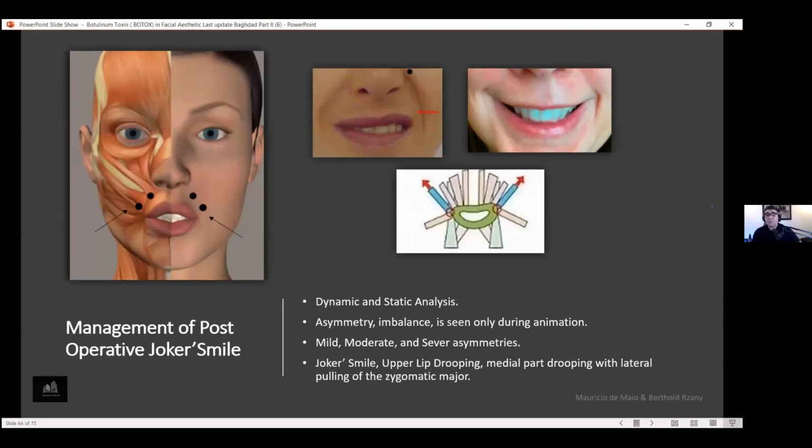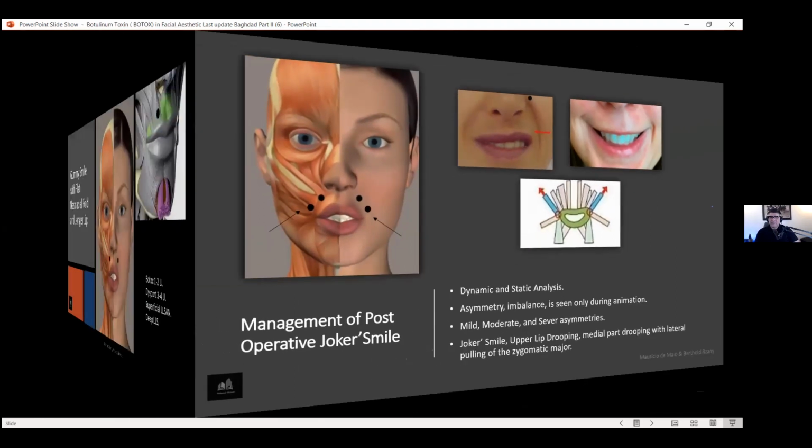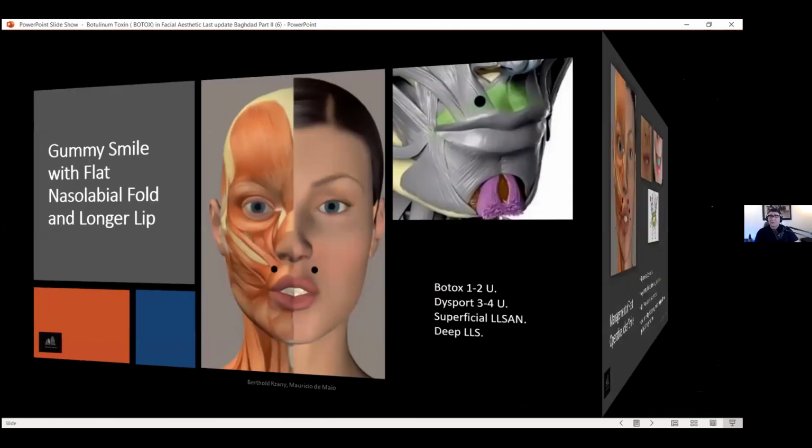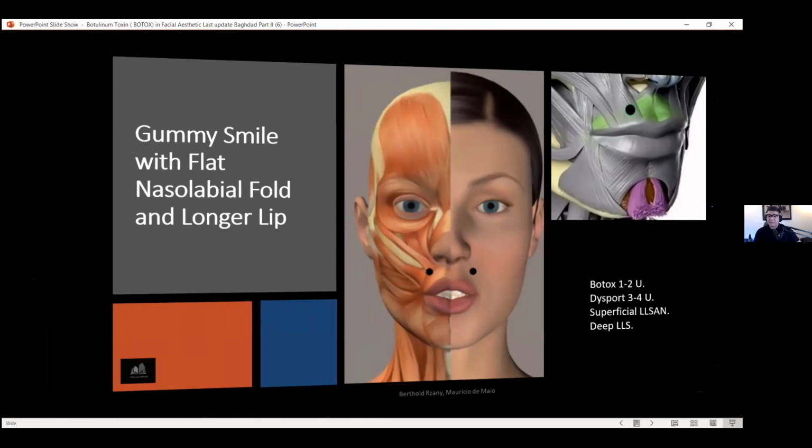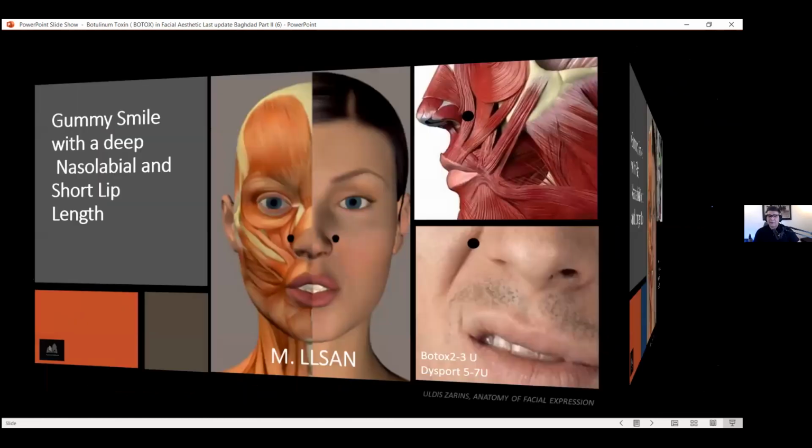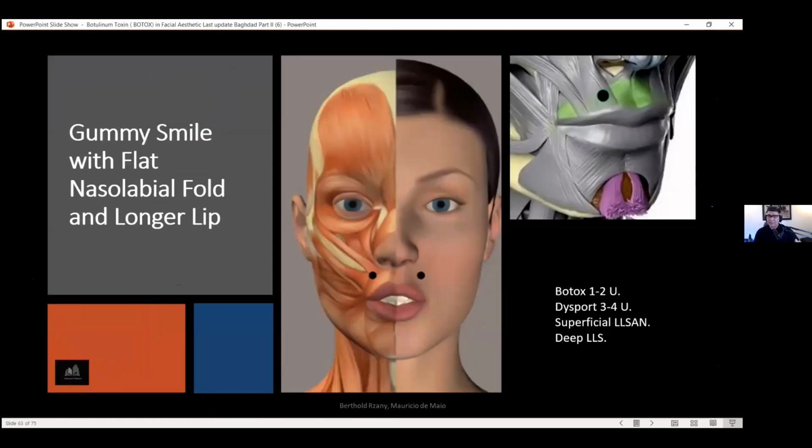So this is one of the complications that may commonly happen if you are using botulinum toxin with this alaeque nasi. So now for the alaeque nasi we have the most upper point for the deep nasolabial fold with gummy smile, and for the flat nasolabial fold with gummy smile a lower point, more lower than the first point.